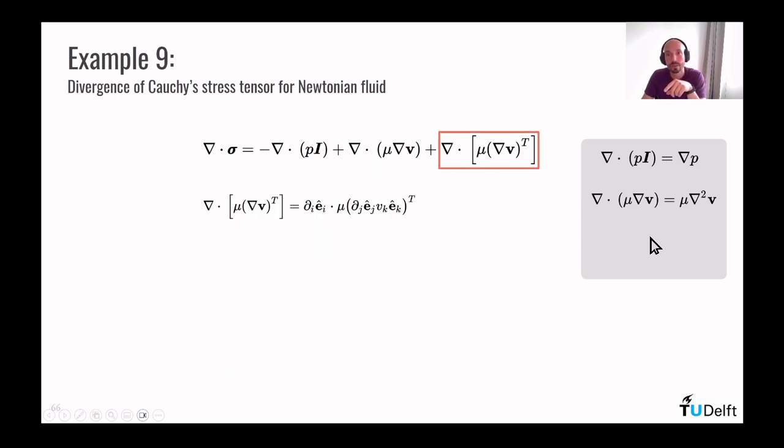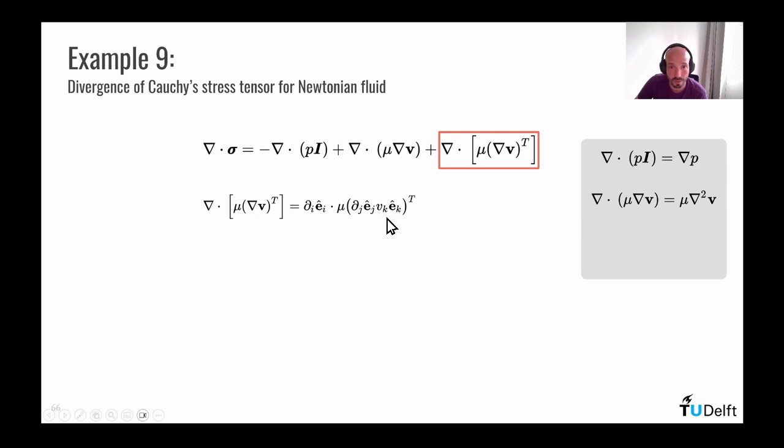Now let's move to the next term, which is pretty similar to the first one, but now we have the transpose here. Let's see how we handle the transpose. So we write this expression just as before, but now we have a parenthesis here, and we say that this is transpose. We have del sub j, e hat j, v_k, e hat k. To perform the transpose, we can just swap some of those indices.